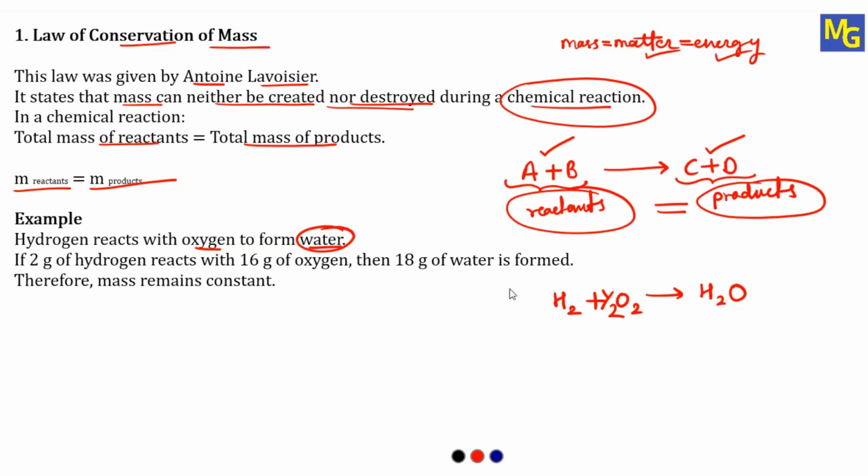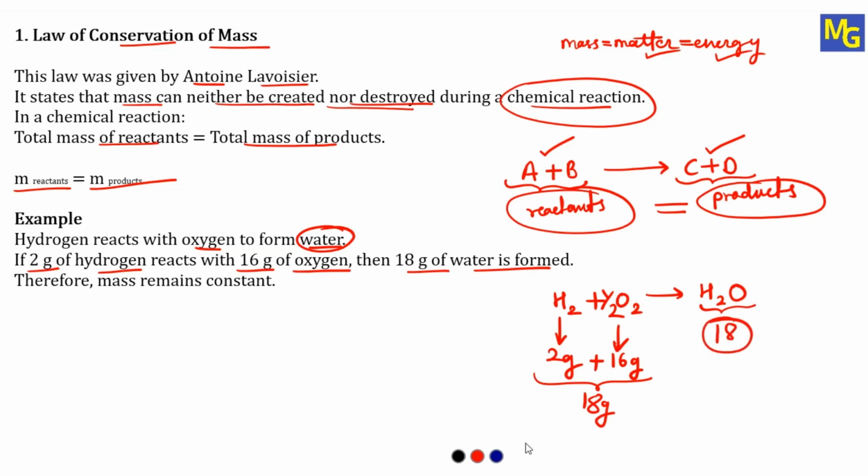In this reaction, if 2 gram of hydrogen reacts with 16 gram of oxygen, these two are the reactants. So what is the total reactant? 2 plus 16 will be 18 gram of reactant. Then 18 gram of water is formed. Now calculate the mass of water. It should be again 18 only.